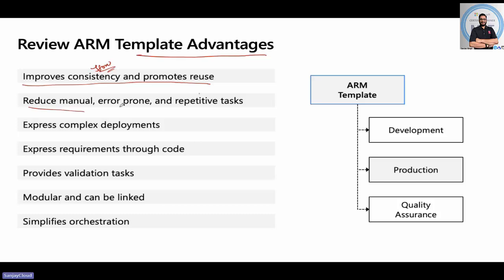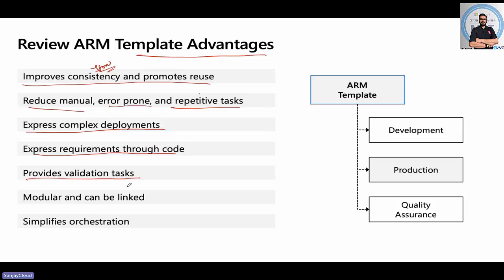Reduce manual, error-prone, and repetitive tasks. So you can create one template for one department, for one task, which you can repeat and reuse multiple times. Express complex deployment. When you are going to deploy a complex application, a 3-tier application, you can express your complex deployment as code. Express your requirements through code.